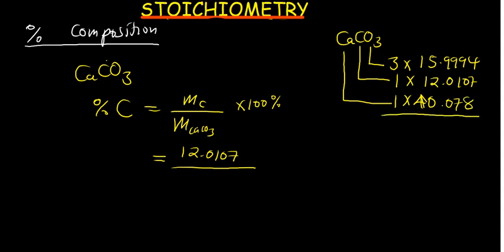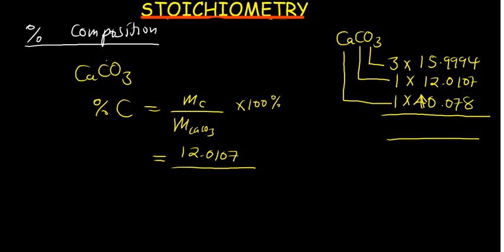So you can work it out if you've got a calculator where you are. You can tell us the value. 12.0107, and then plus 40.078. Okay, so that has given me 100.0932.